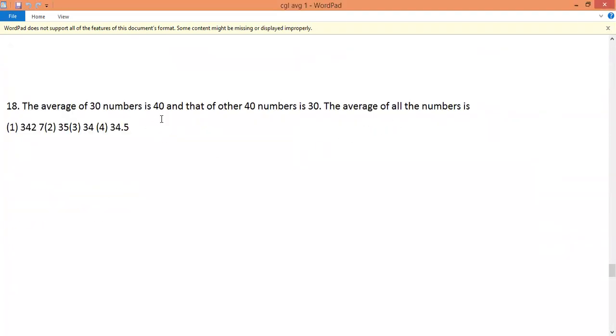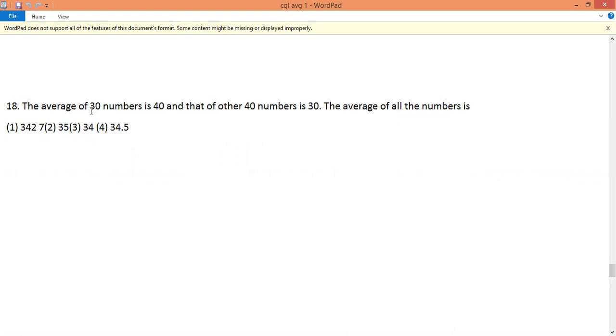Next, average of 30 is 40 and 40 is 30. So what is answer? You can do directly. See here, difference is what? 30. Here 40, here 30. I am assuming 30 average. 40 is how much distance? 10. For how many numbers? 30.